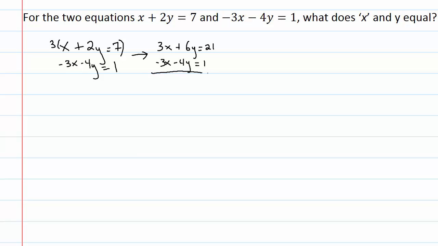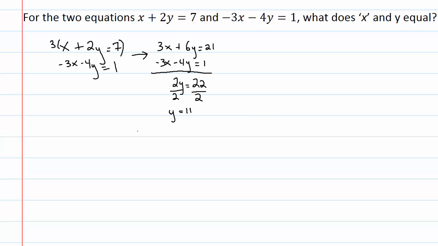When we add everything together, the 3x and the negative 3x will cancel out, the 6y and the negative 4y will give us a 2y, and the 21 plus 1 will give us a 22. To get y by itself, we need to divide by 2, and y should equal 11. This gives us one variable, and to get the other, we just need to plug y back into one of the equations.